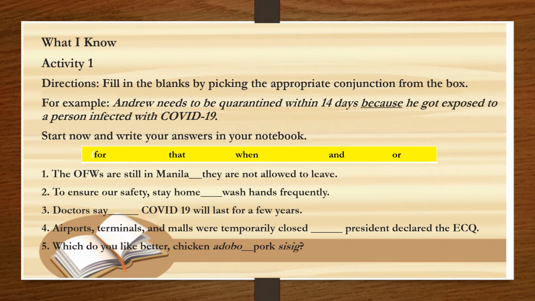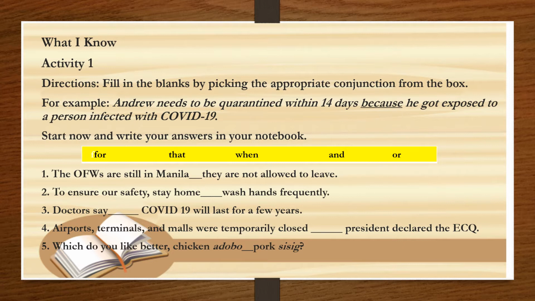Number 1. The OFWs are still in Manila, blank, they are not allowed to leave. Number 2. To ensure our safety, stay home, blank, wash hands frequently. Number 3. Doctors say blank COVID-19 will last for a few years.